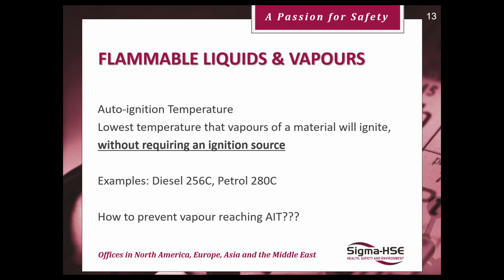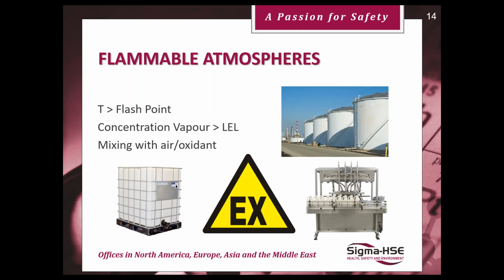So quite simply, with just those two pieces of data, if we're operating at temperatures above the flash point or concentration of fuel vapours above the LEL, and there's air present, we've got what's known as a flammable atmosphere. We've got that mixture of fuel and oxygen where, if we had an ignition source of sufficient energy, we could end up with a fire or explosion.